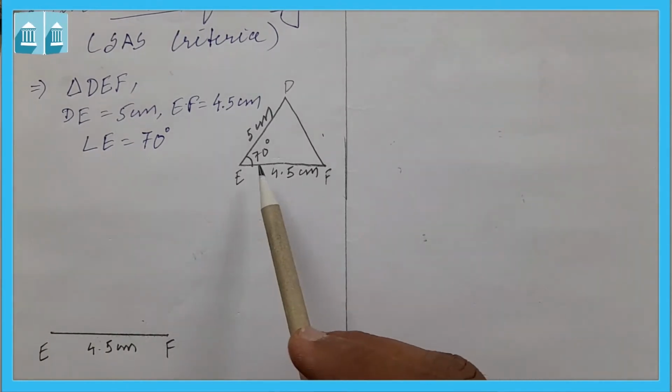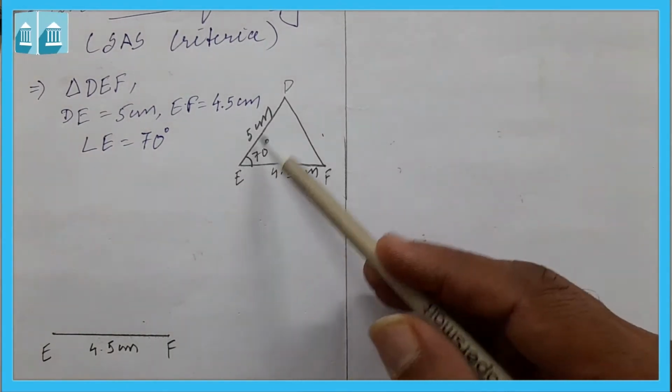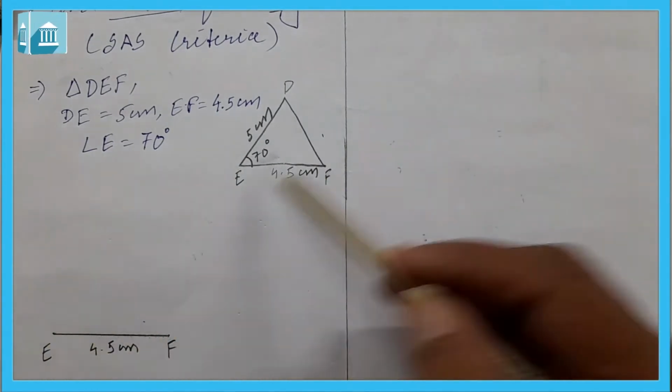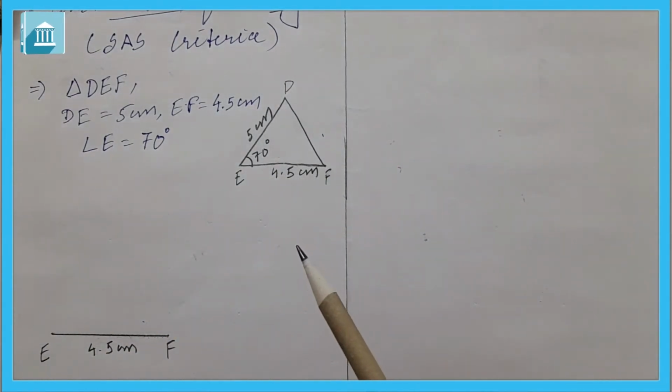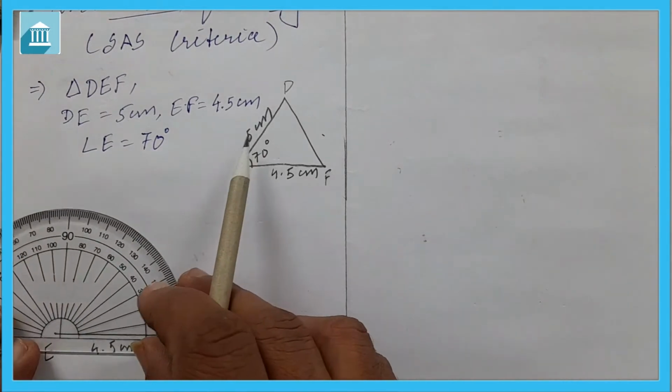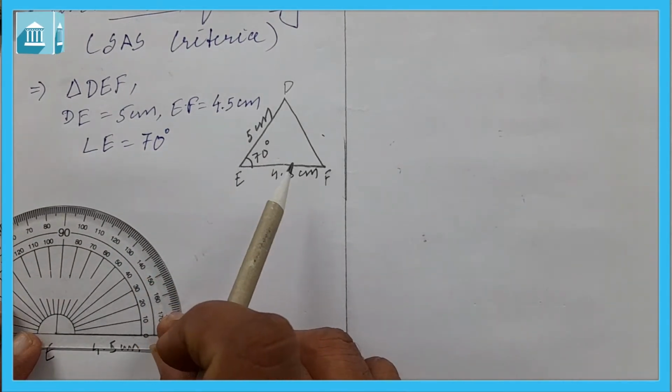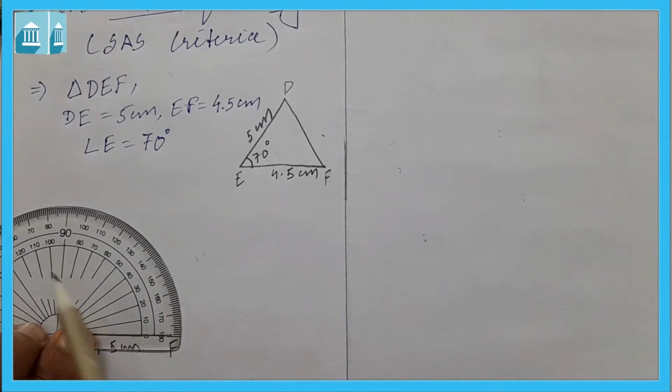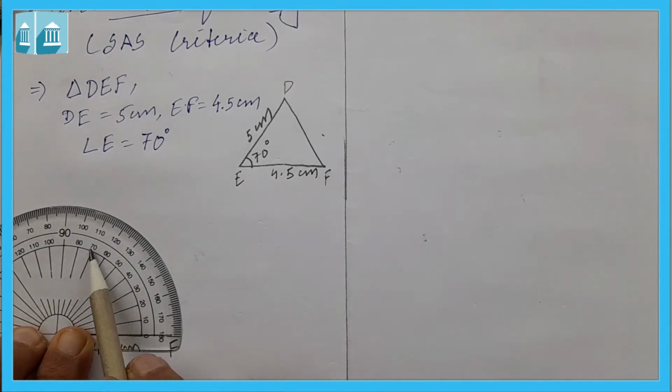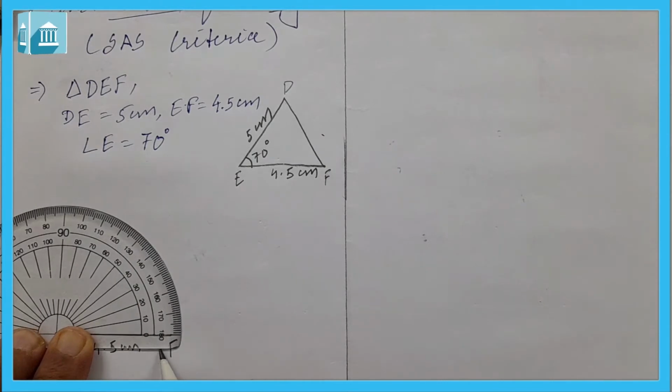Now we have to draw angle FEX is equal to 70 degree. So now 70 degree is here too, one here and one here also, but we know that we have to take this one because the base line here is passing from this 0.